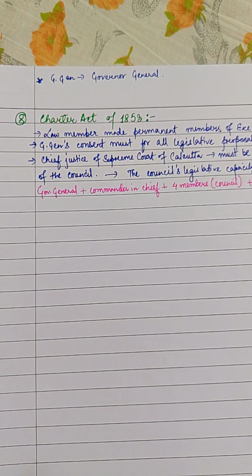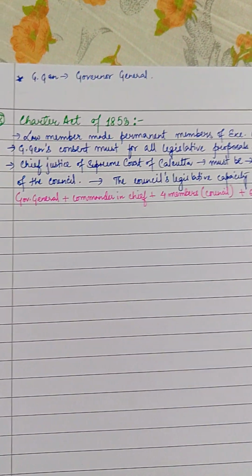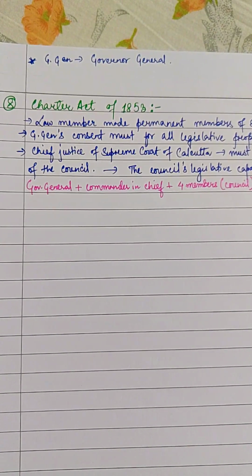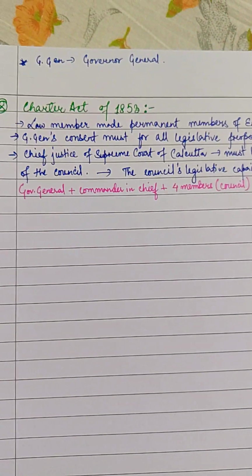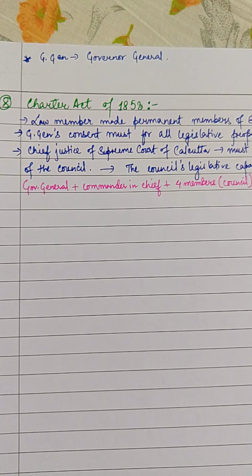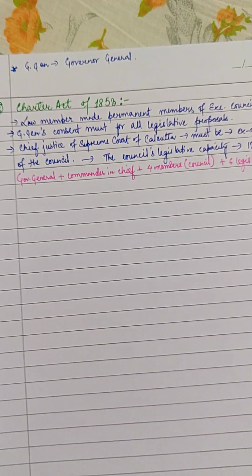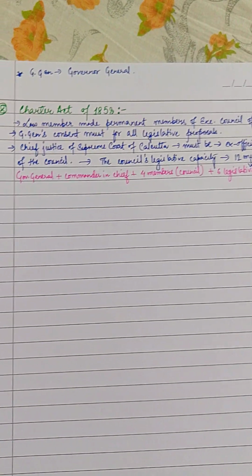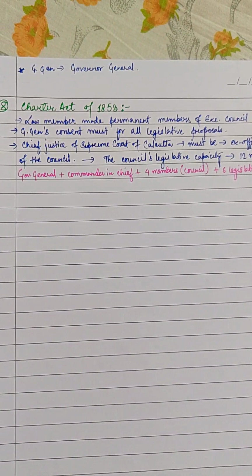Those who are preparing for competitive exams, you can make your own abbreviated terms, short forms, so that you can save some time of writing in a lengthy way. So in this Charter Act of 1853, the law members were made the permanent members of the Executive Council.